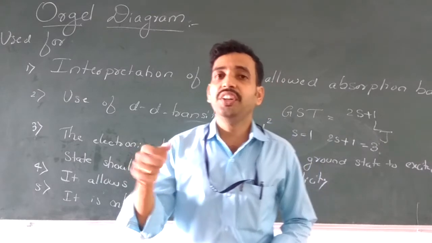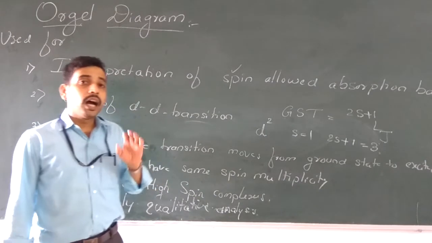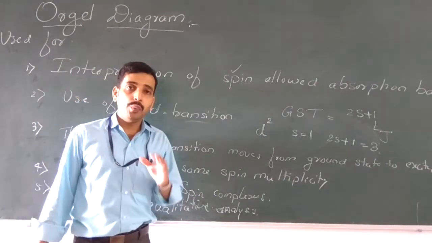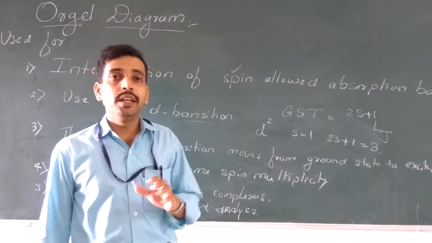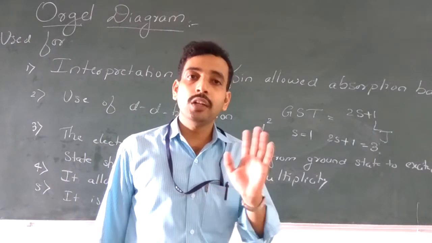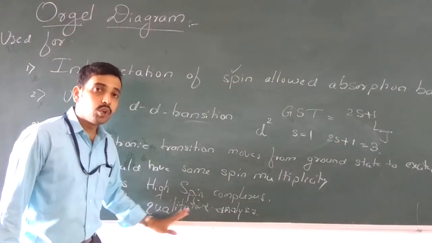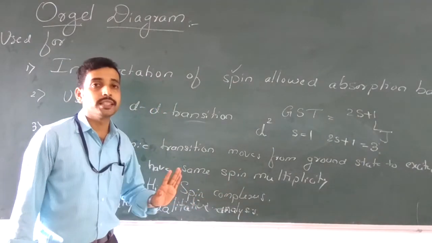That is the quantitative analysis. From the Orgel diagram, we can theoretically determine the number of electronic bands of the metal complexes. That's why it is a qualitative analysis, not a quantitative analysis.